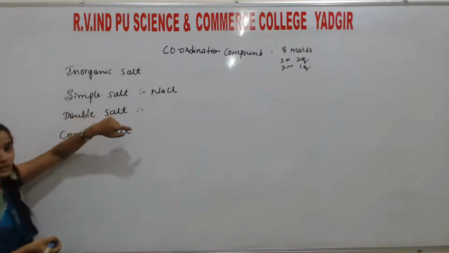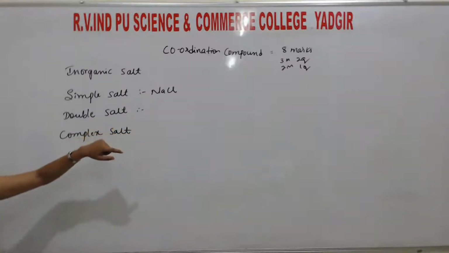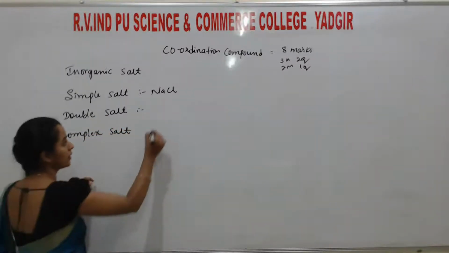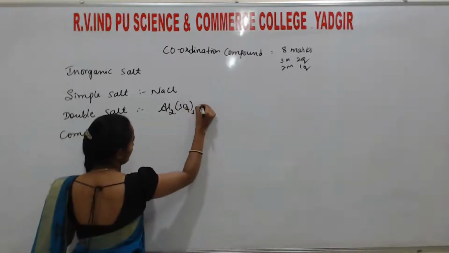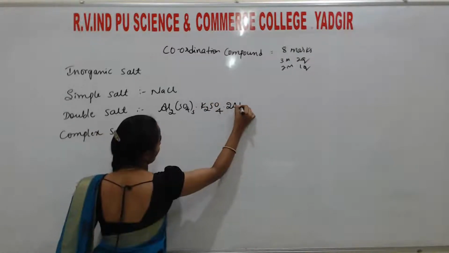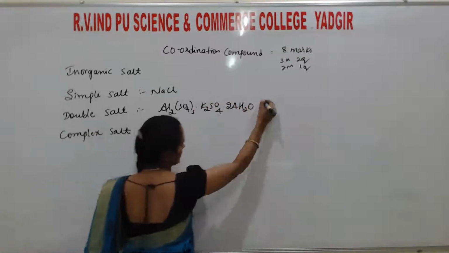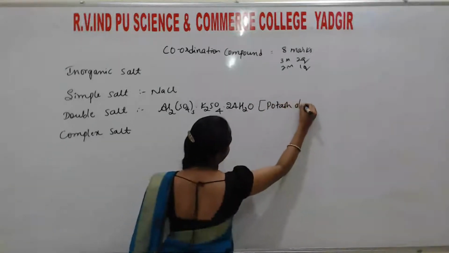Example for double salt is potash alum. What is potash alum? Potassium aluminium sulfate: Al2(SO4)3 into K2SO4 into 24H2O. This is called potash alum.